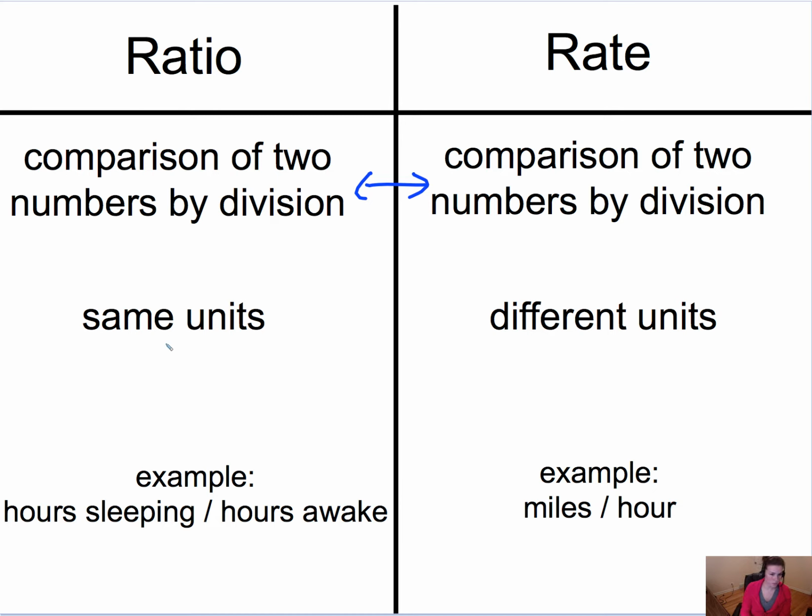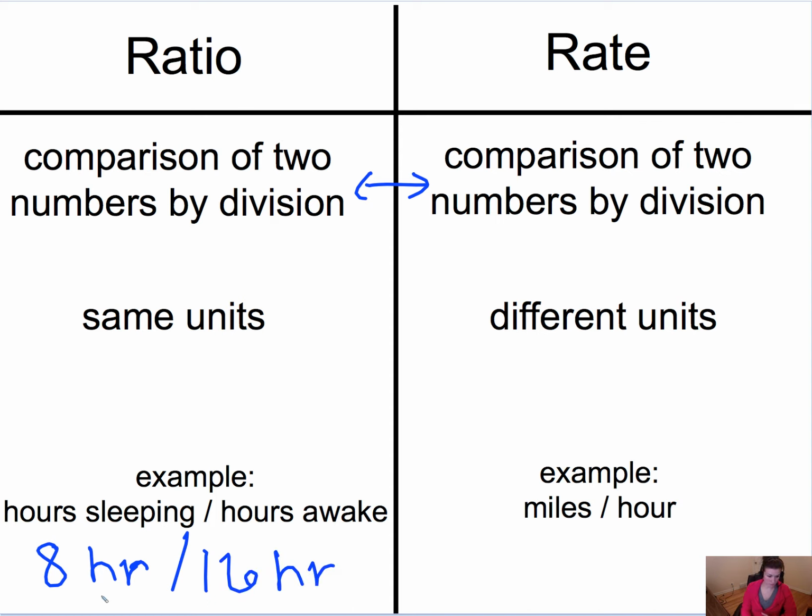If the units are the same, then it's a ratio. But if the units are different, it's then a rate. So I put some examples down here so this would make sense. Let's say that you wanted to compare the amount of hours that you sleep to the amount of hours that you're awake. So 8 hours sleeping, for example, and then that would have to add up to 24, so that would be 16 hours awake.